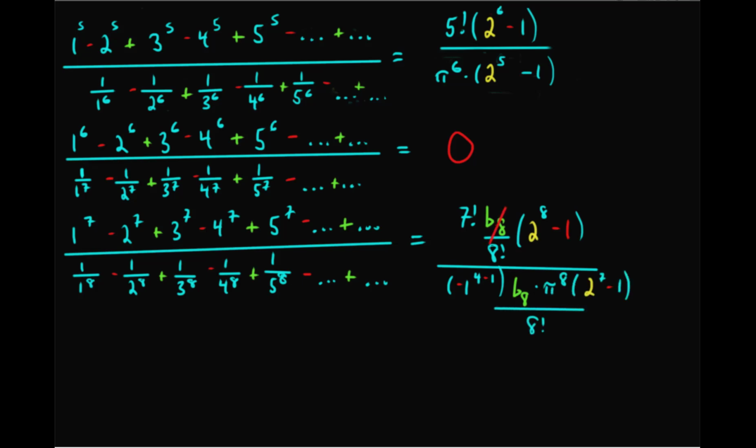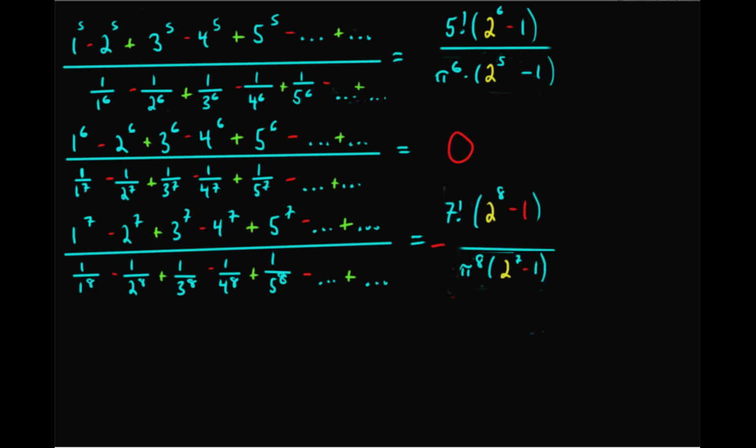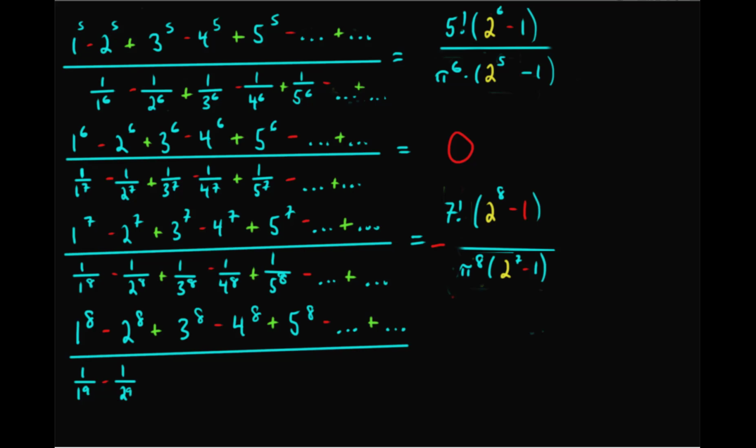And then the b sub 8 over 8 factorial terms cancel, and we're left with this equaling negative 7 factorial times 2 to the 8th minus 1, all over pi to the 8th times 2 to the 7th minus 1. As you can probably guess, our next series, 1 to the 8th minus 2 to the 8th plus 3 to the 8th minus 4 to the 8th plus 5 to the 8th minus plus all over eta of 9, is again 0 over some finite convergent sum, so this equals 0 again.